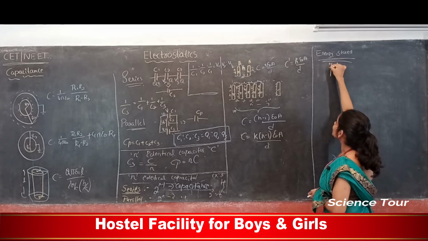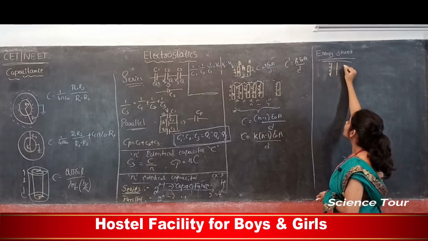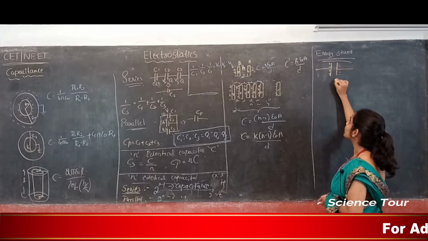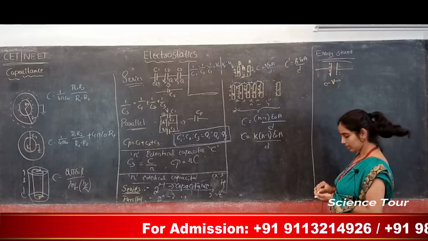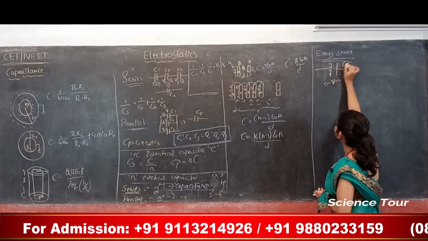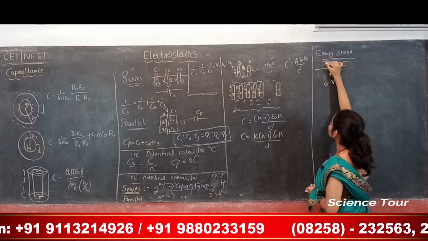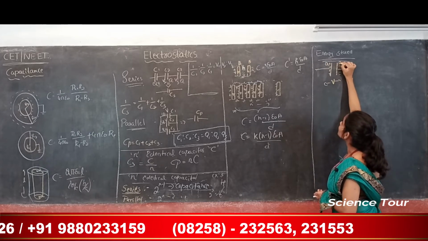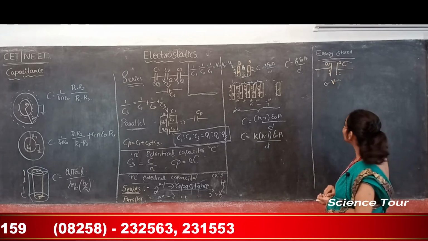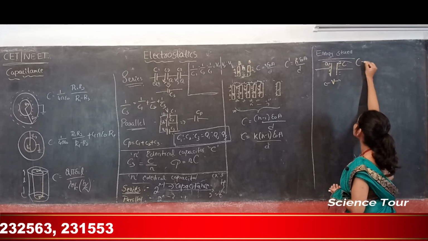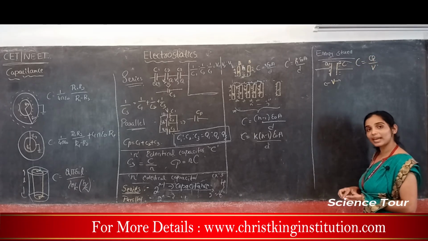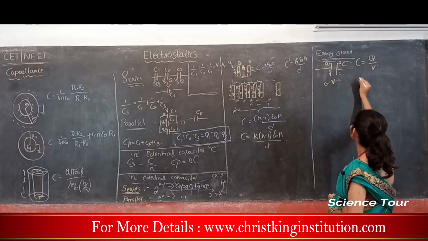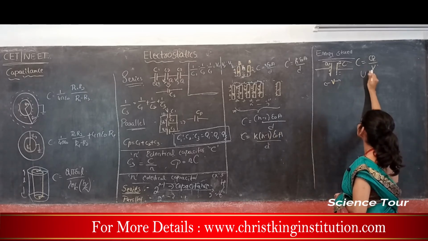One plate is positively charged, one is negatively charged, and the potential difference across this capacitor is V, correct? Capacitance of this capacitor is C. Charge here is plus Q, charge here is minus Q. What will be the capacitance of this capacitor? C is equal to Q by V. Okay. What is the energy stored here? Energy stored in this capacitor.